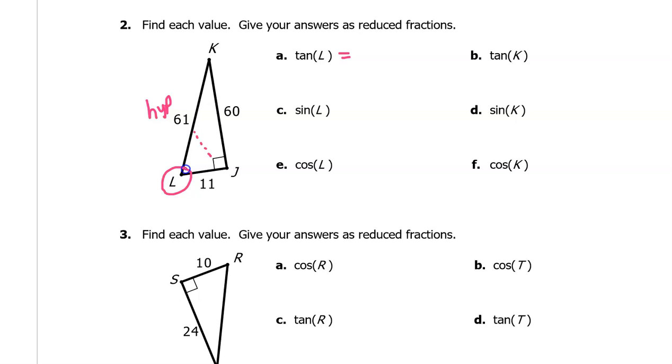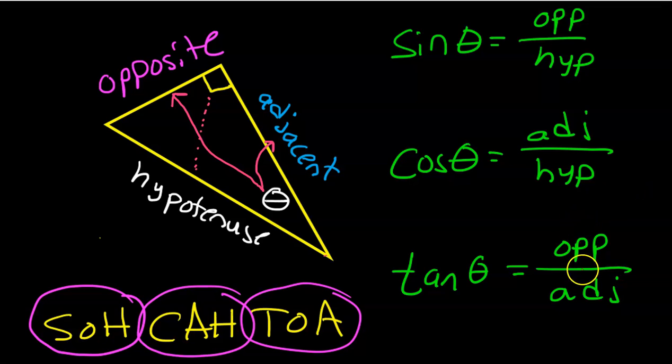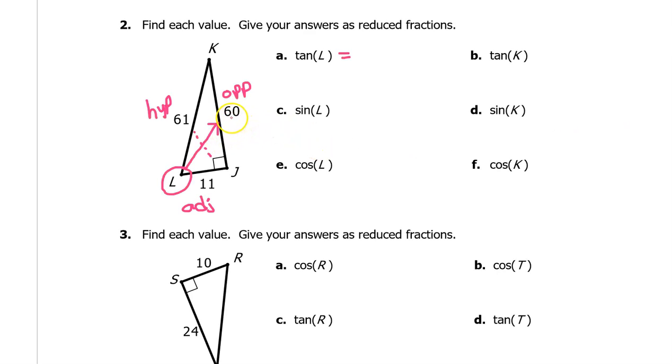If you draw an arrow pointing away from the angle that you circled, then you're looking at the opposite leg. And then the other leg is the adjacent leg. Adjacent means right next to. So tangent is opposite over adjacent. So in this case, that will be 60 over 11.